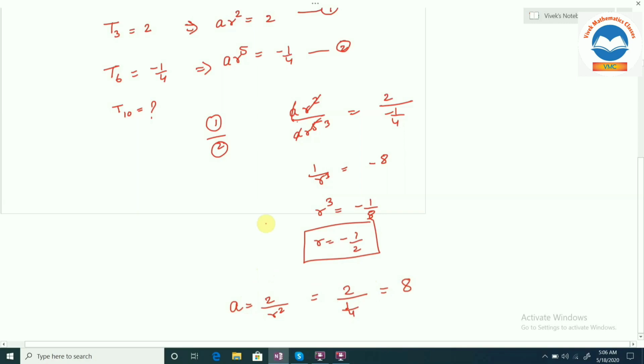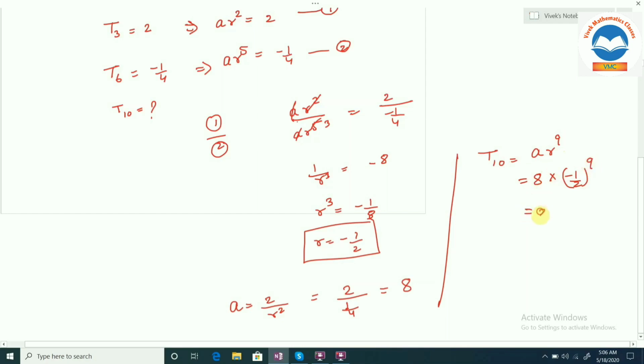So what are they asking? They are asking T10. We can find T10. Yes. T10 will be equal to AR to the power 9. A value is 8 into R is what? Minus 1 by 2 to the power 9.